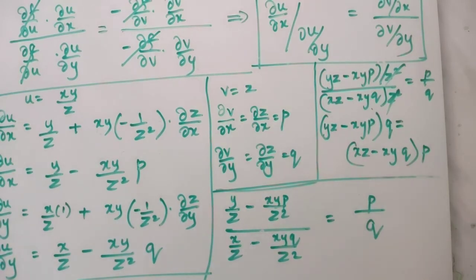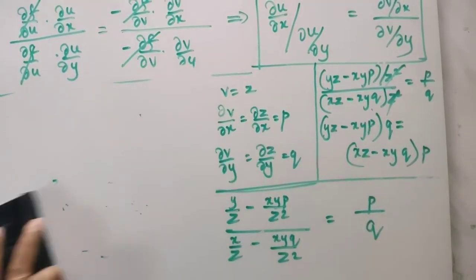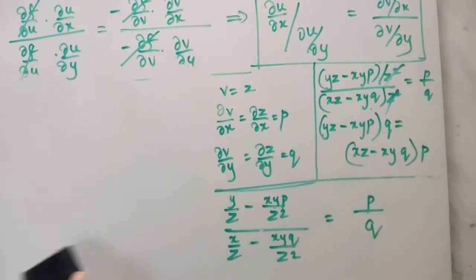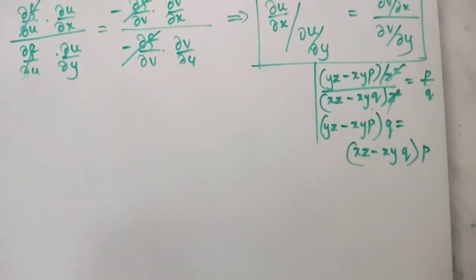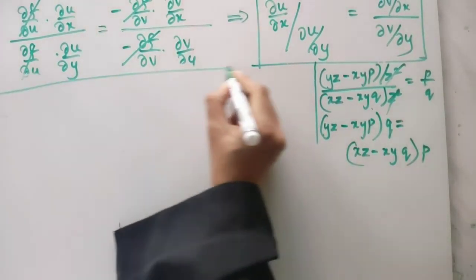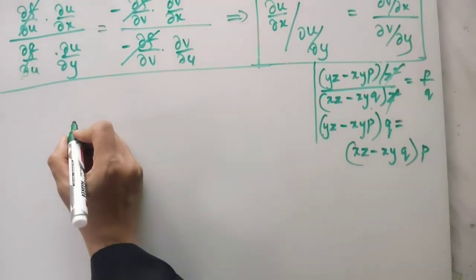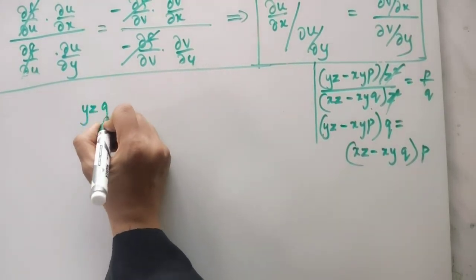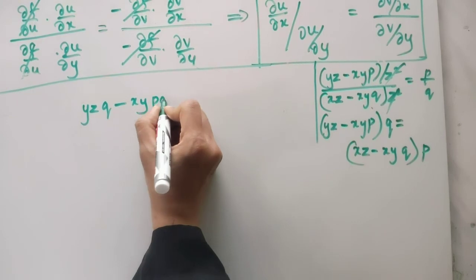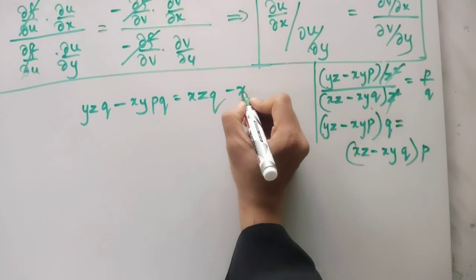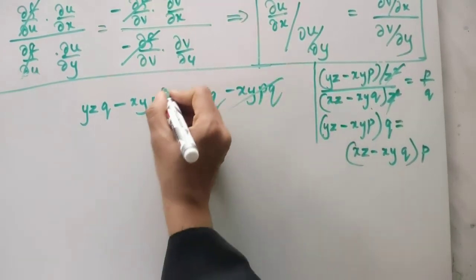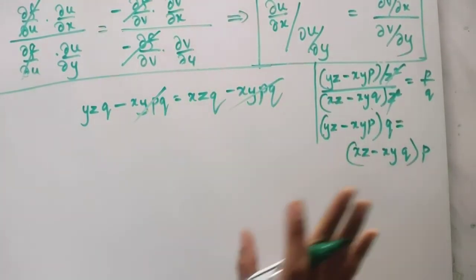Okay, so now let's further simplify this. So you are having yzq minus xypq is equal to xzp minus xypq. Now xypq, xypq both are having negative sign, both will get cancelled.